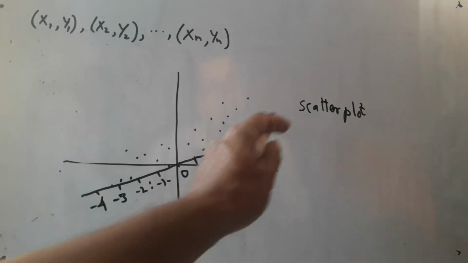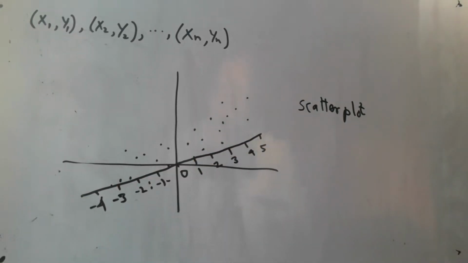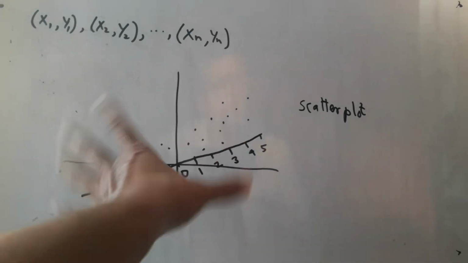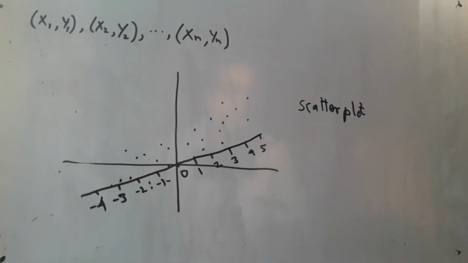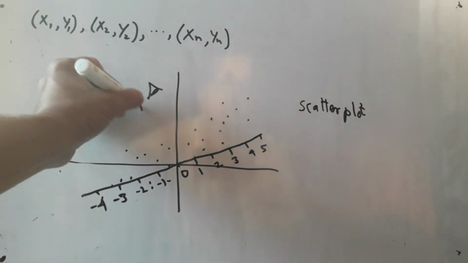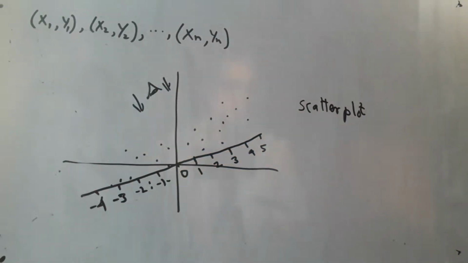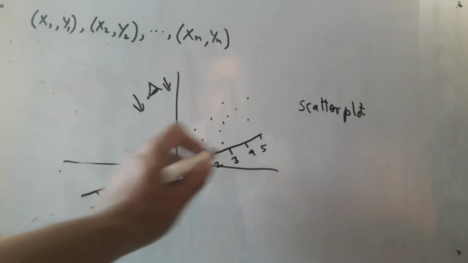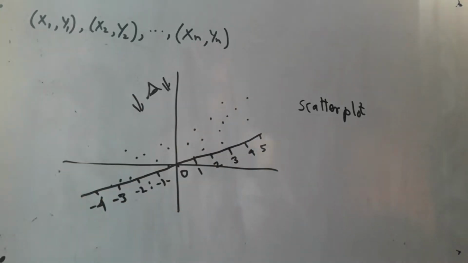I shall take a ruler and place it with its 0 mark at the origin in some orientation. So I am trying to understand what happens if I am looking at it from this direction. In that case, from each point I will drop a perpendicular on this ruler.